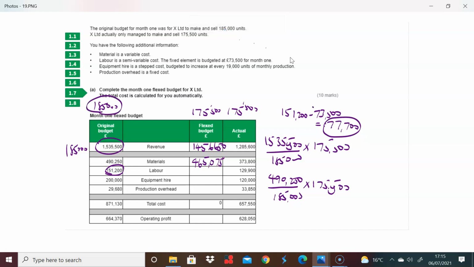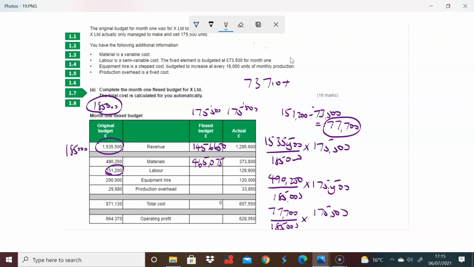This variable element varies over these number of units. This is fixed, so I will need to just keep this. So 77,700 divided by 185,000 times, of course, 175,500 is 73,710. So I have 73,710, and I now add on the fixed element.